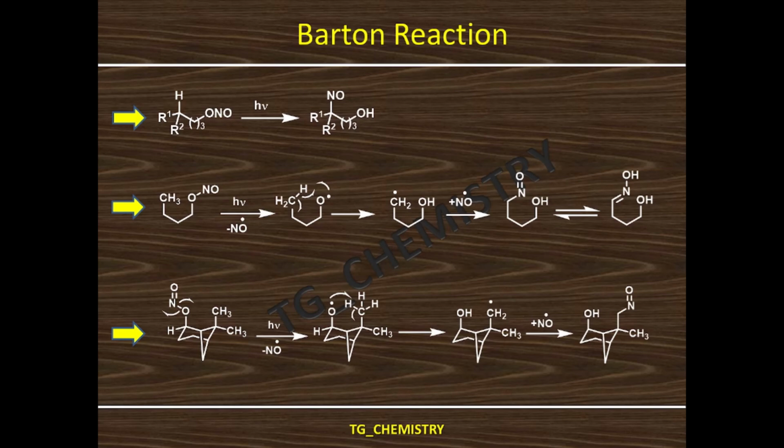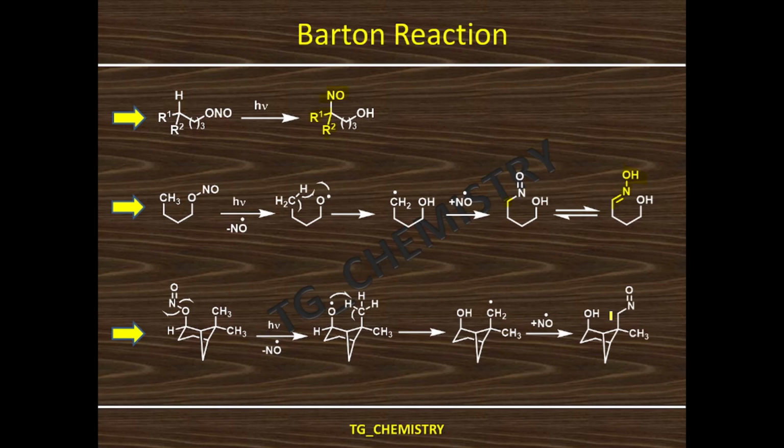In the first one, the implication is that if R1 R2 are alkyl groups and there is no hydrogen there, the reaction stops without further proceeding to the formation of the oxime, which is possible in the second example. If you look at the second example, this hydrogen is for the enolization or the tautomerization to form this oxime part, whereas if R1 and R2 are alkyl groups there is no option, and the nitroso alcohol will be the end product in that case.